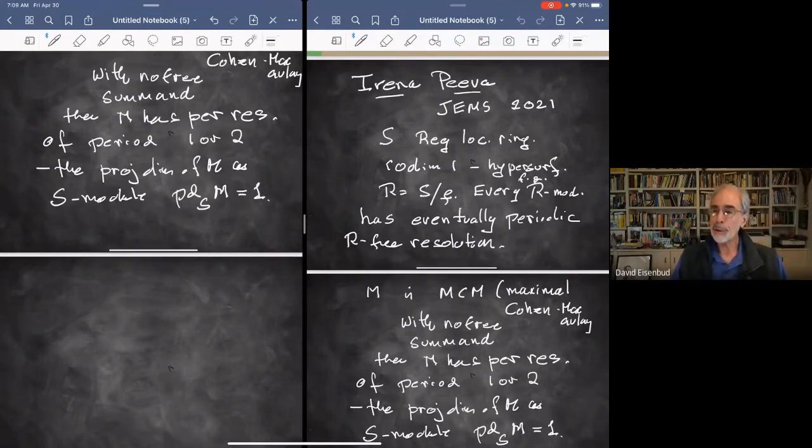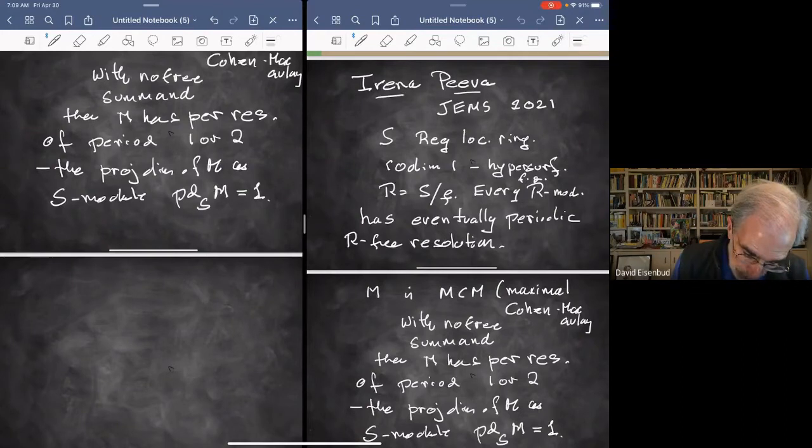That's the Auslander-Buchsbaum formula, which says the projective dimension plus the depth is equal to the dimension of S. And since the depth is the depth of R, which is the dimension of S minus 1, this formula gives the projective dimension of M as 1.